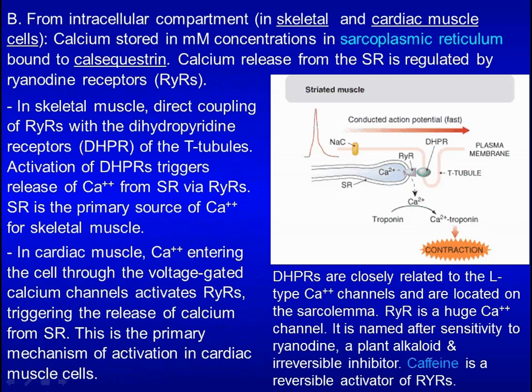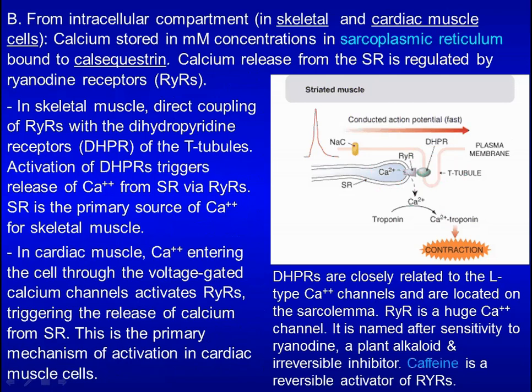Intracellular compartment provides calcium for both skeletal and cardiac muscle, although in two different ways. In skeletal muscle, voltage change is sensed by dihydropyridine receptors that are linked to ryanodine receptors in the SR membrane.